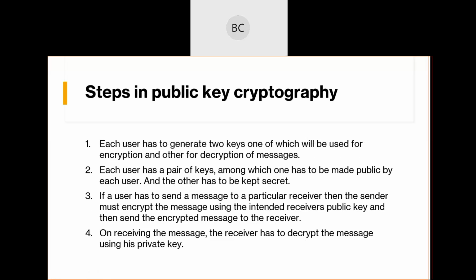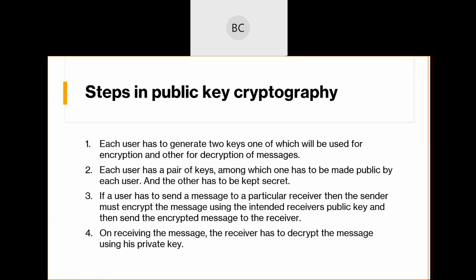So what are the steps in any public key cryptography? Each user has to generate two keys, one of which will be used for encryption and the other for decryption of the messages. Each user has a pair of keys, among which one has to be made public and the other has to be kept secret.